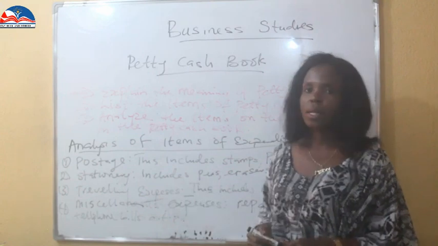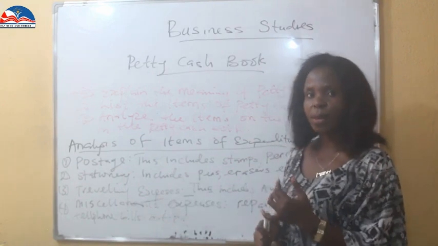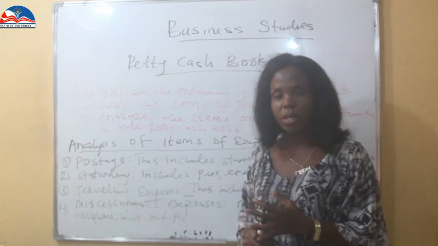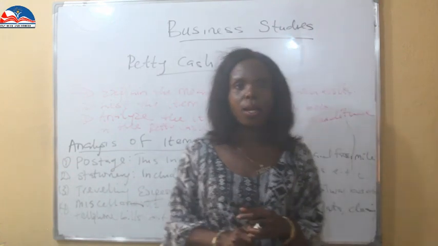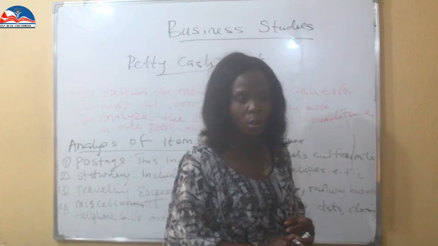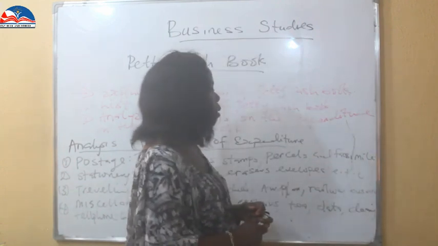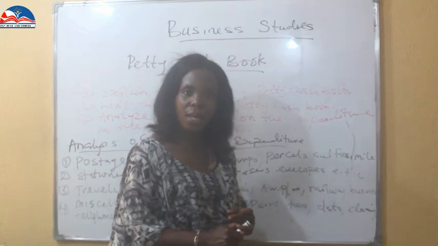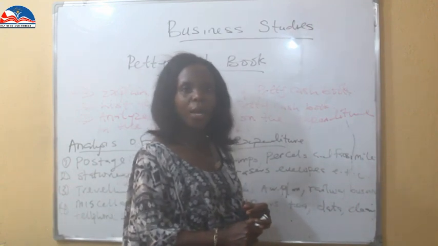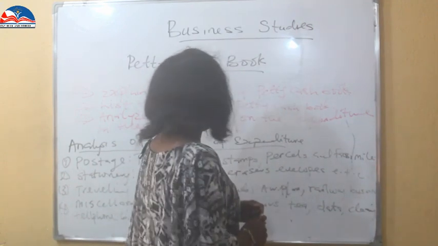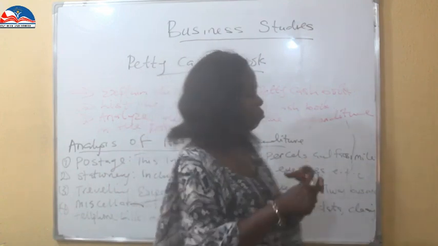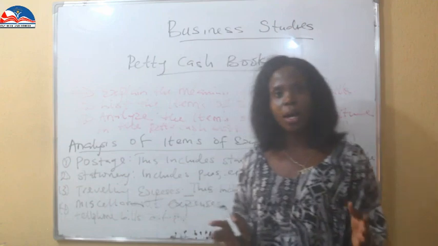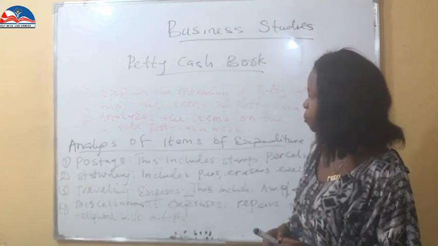One is postage. Postage has to do with buying of stamps. Postage has to do with the parcels that are brought into the organization, on which bills are paid. Then we have fax mail that is printed or received, on which money is paid, telegram and other things that may cost money under postage.